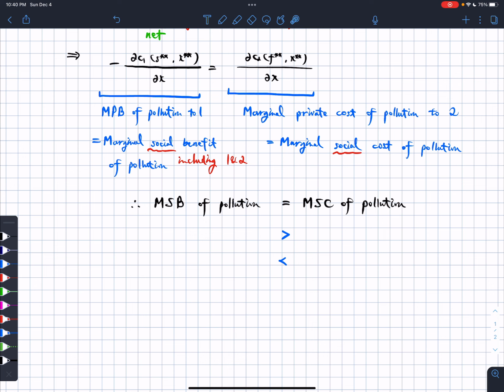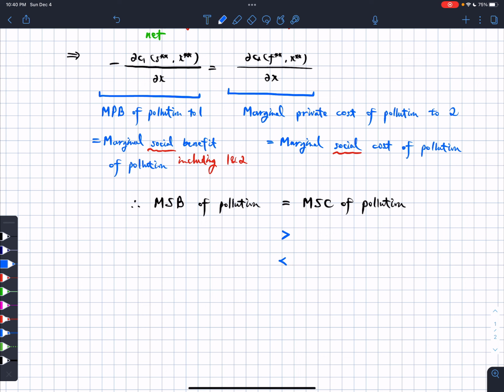If it is the other way around, the cost is larger than the benefit of pollution, and you should decrease pollution to increase social welfare. Again, the current level of pollution is not optimal.